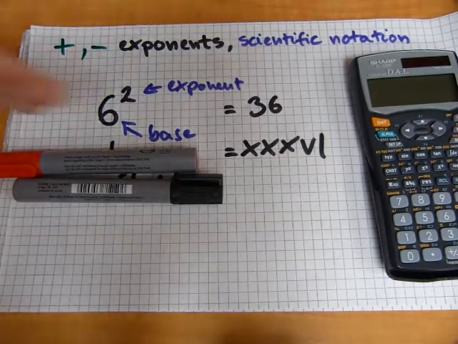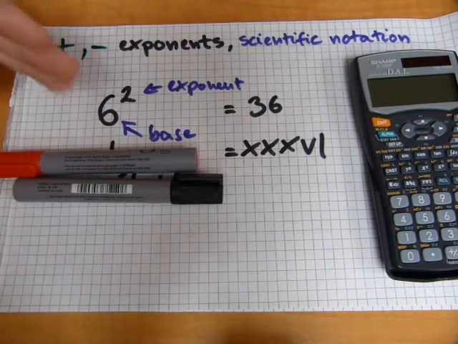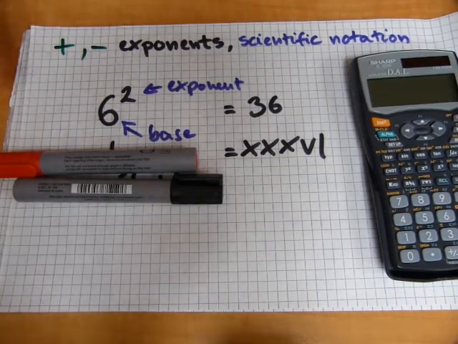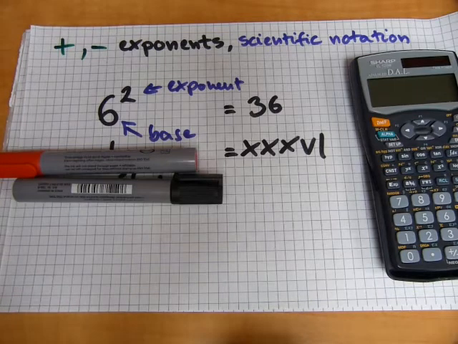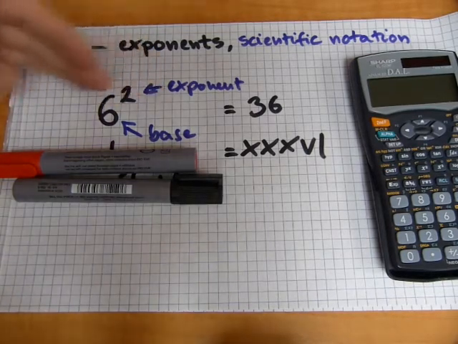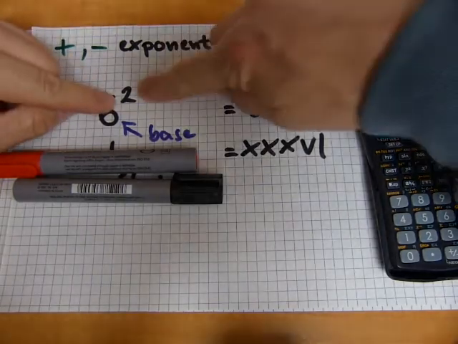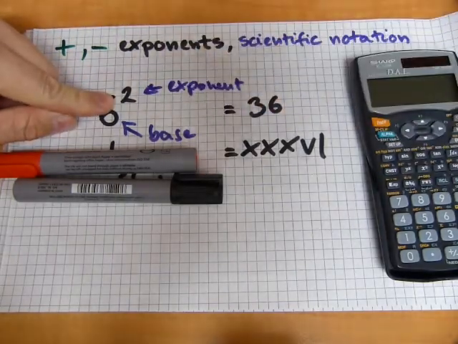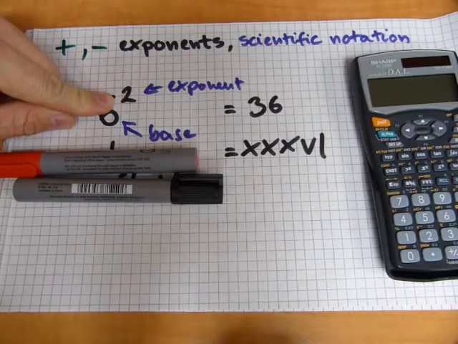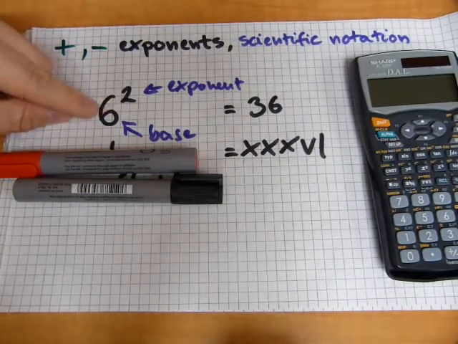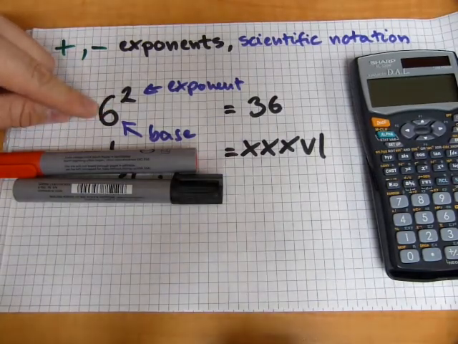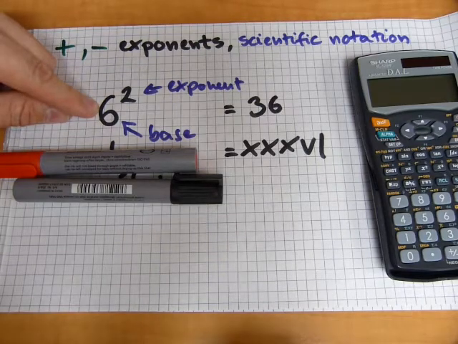Now, this concept of the exponential notation is based on multiplication. And where the multiplication is in this one is that the little number 2, the exponent number, shows you how many times the base number is multiplied by itself, not by 2.